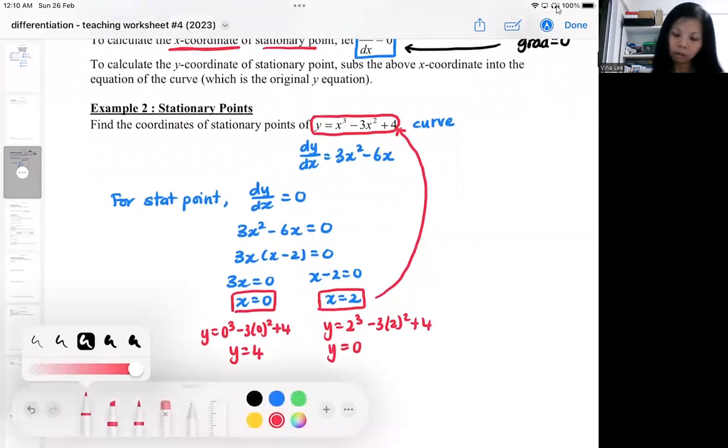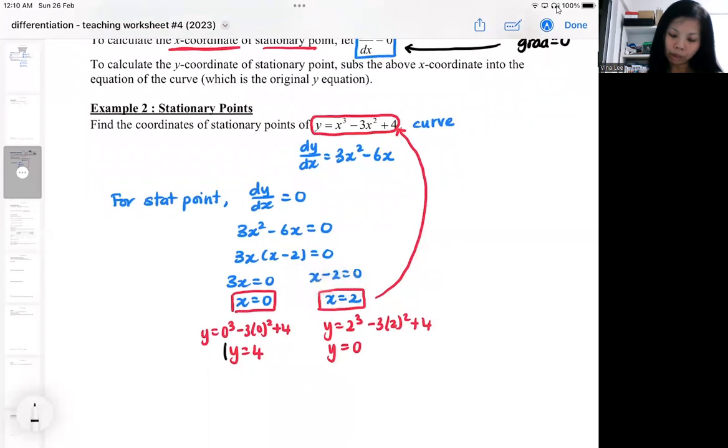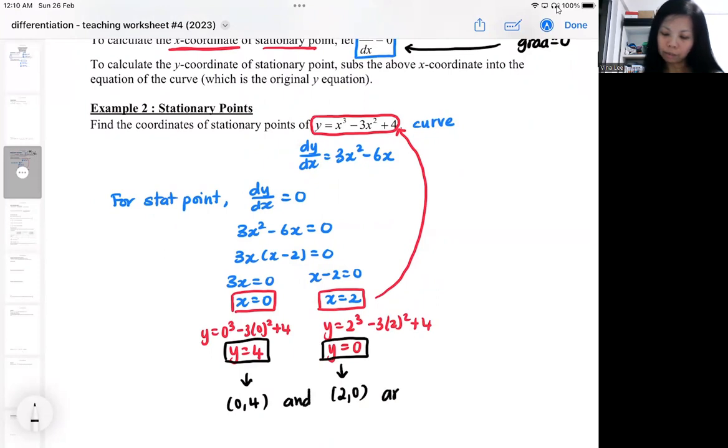So all in all, at the end of the calculation, you will be able to obtain that (0, 4) is a stationary point. (2, 0) is also a stationary point. All we know is that they are stationary points.